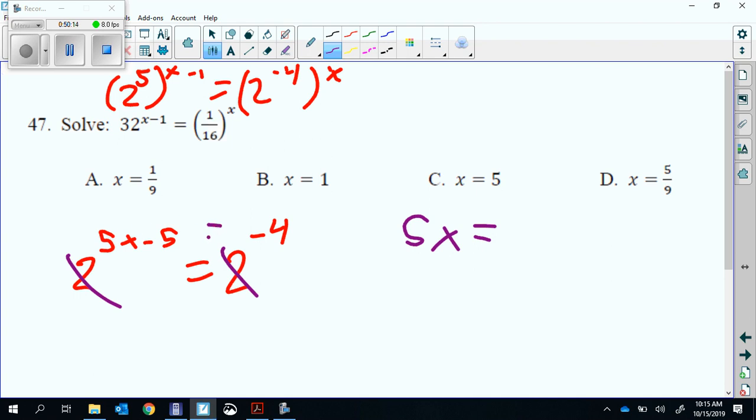So that's negative 9x equals negative 5. 5 over 9 is x, so D.